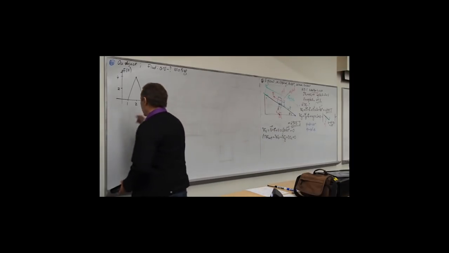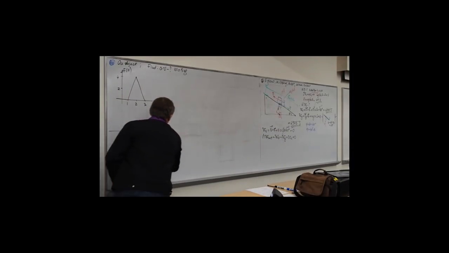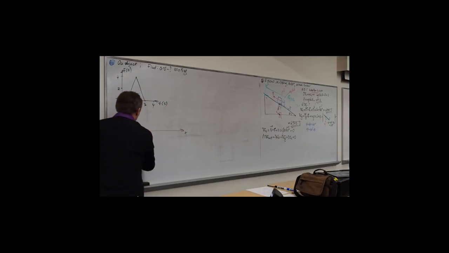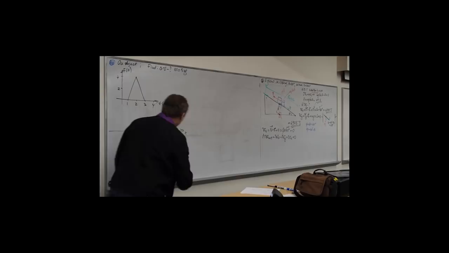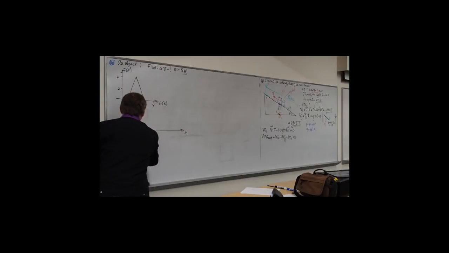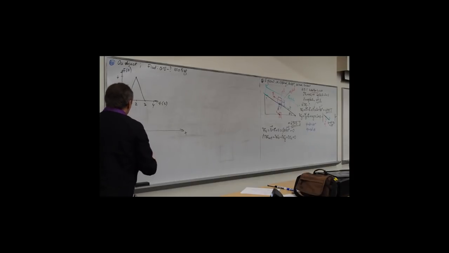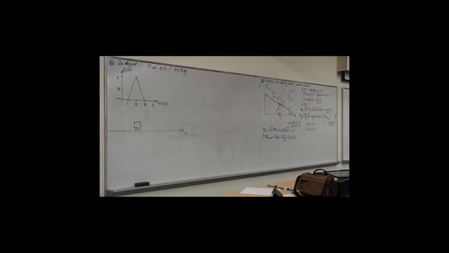Okay, so now let me draw the physical situation. Let's say we have this x-axis. We have some object, I just drew a box on the wheels. This is the graph of how force changes with time.